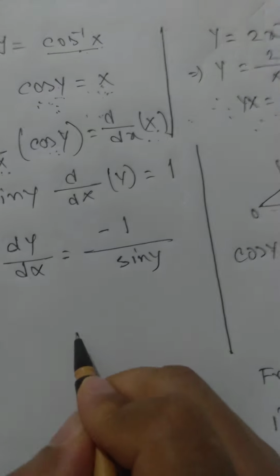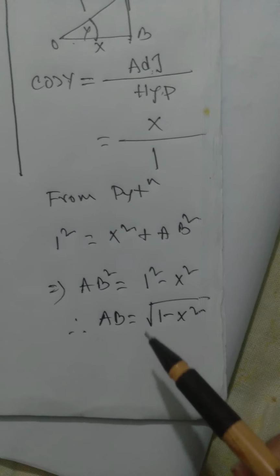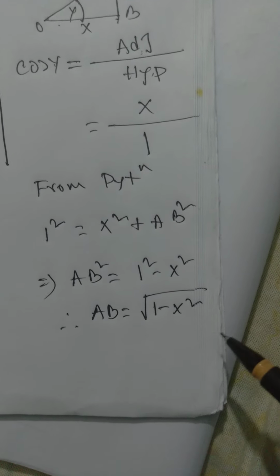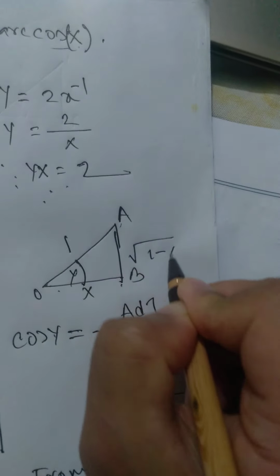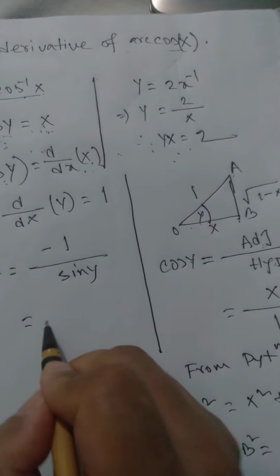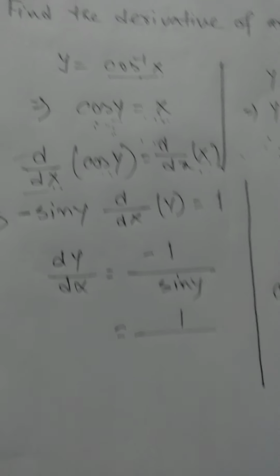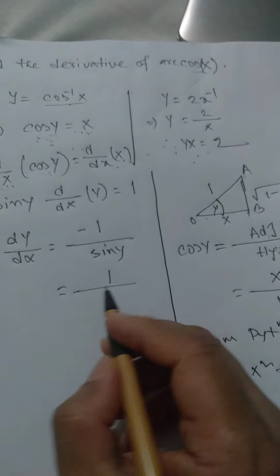So let's come back here again. What did we find? AB equals the square root of 1 minus x square. So put the value here.